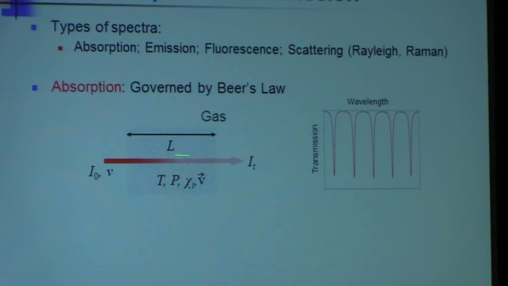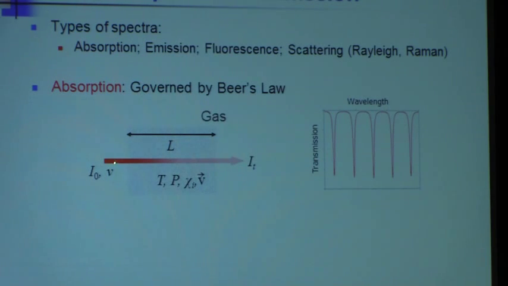It passes through an absorbing gas. The light that comes out is diminished in intensity, a transmitted intensity I sub t. So the question is, what's the ratio of I t to I? That's given by the law I call Beer's law. It sometimes goes by Lambert-Beer's law, or Lambert-Beer-Bouguer law, discovered in different countries in different ways.